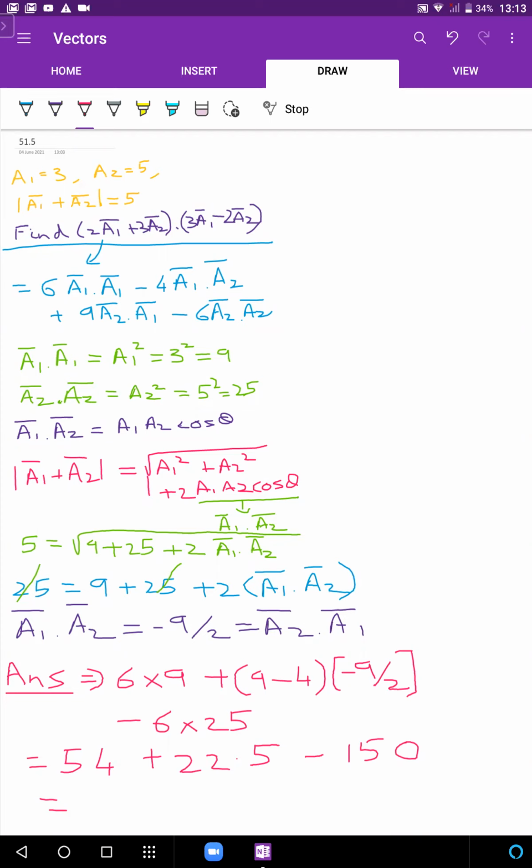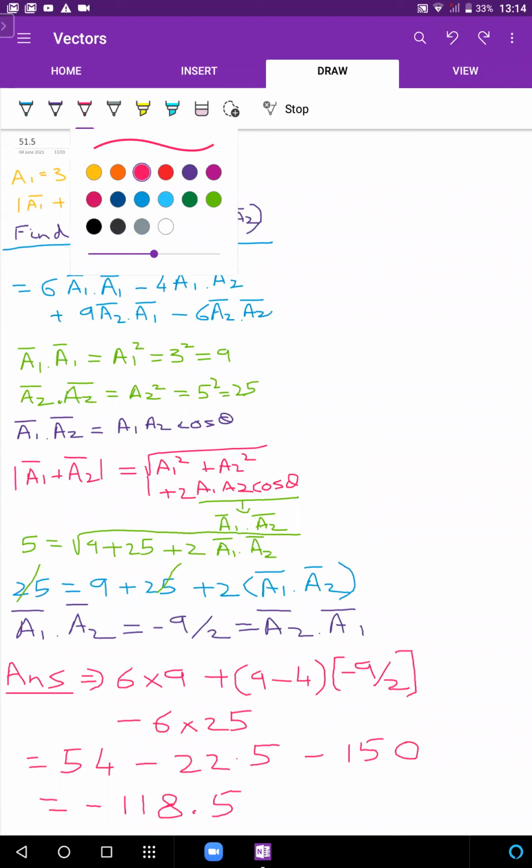Was this a minus sign? This was a minus sign, I'm so sorry. Yes, minus sign. So minus 118.5. Good job, yeah. All those who did this, very nice. So you saw this, you realized that there is a dot product inside. All those who got minus 118.5, you can give yourselves a clap.